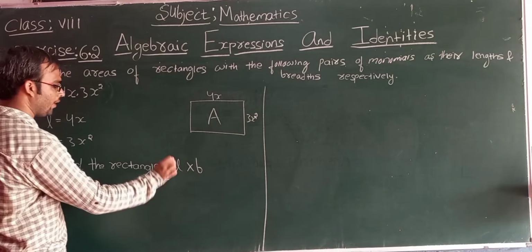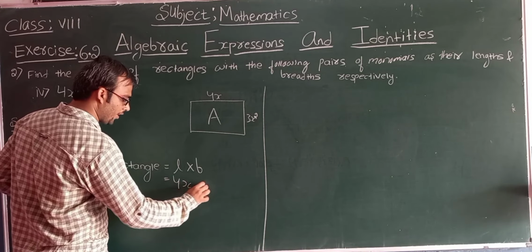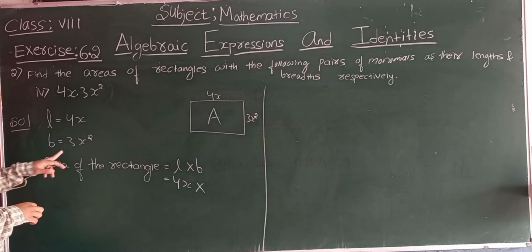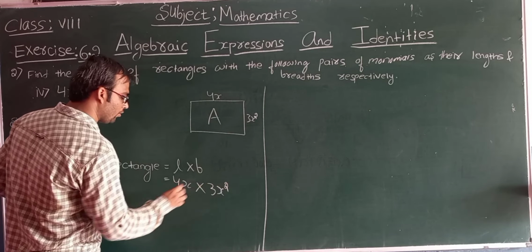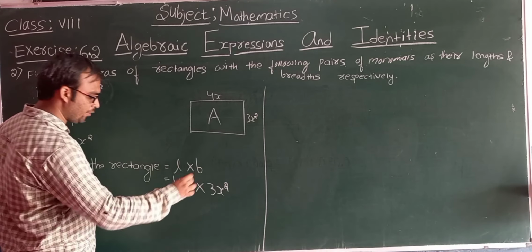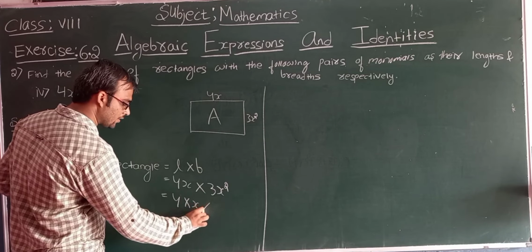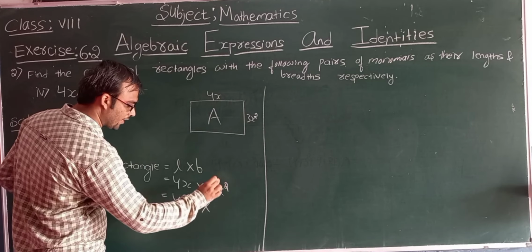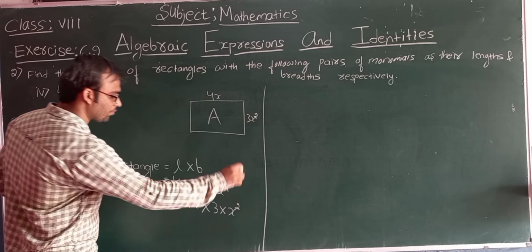Area of rectangle is L into B. Here L is 4x and B is 3x square, and you can rewrite it, students. 4x is nothing but 4 into x, and 3x square is nothing but 3 into x square.